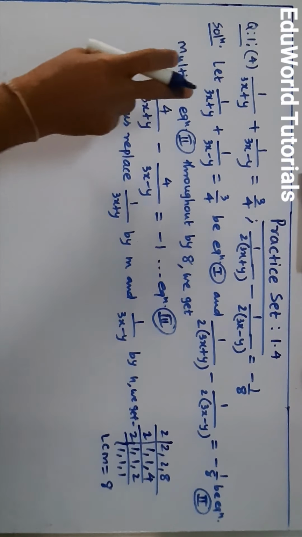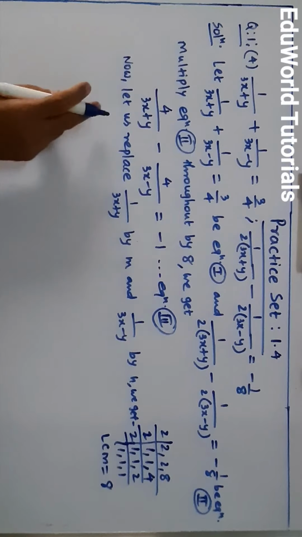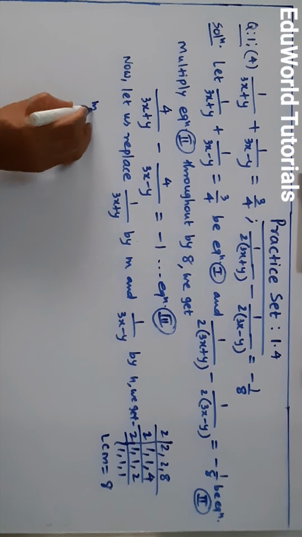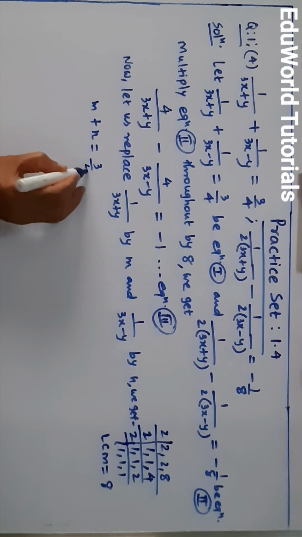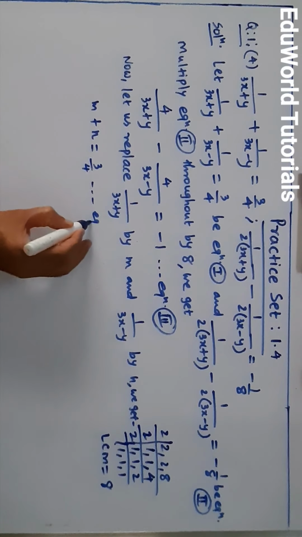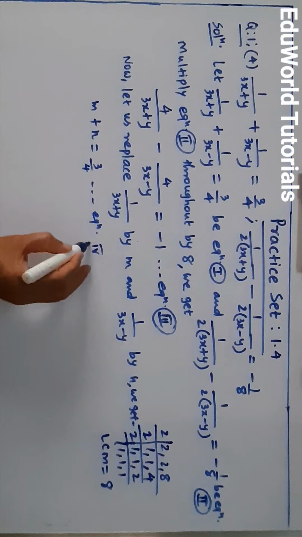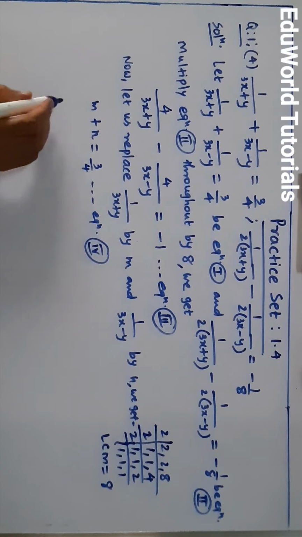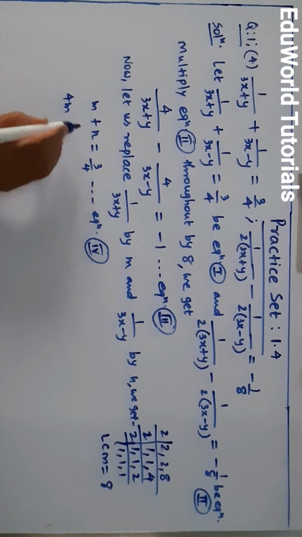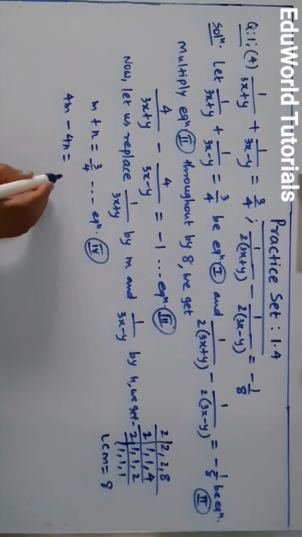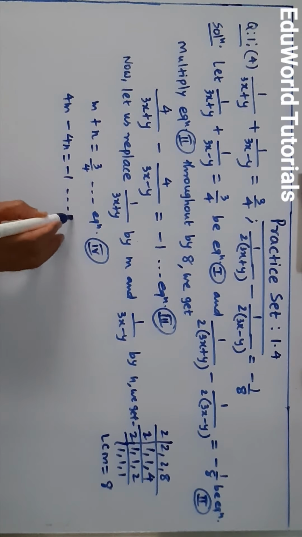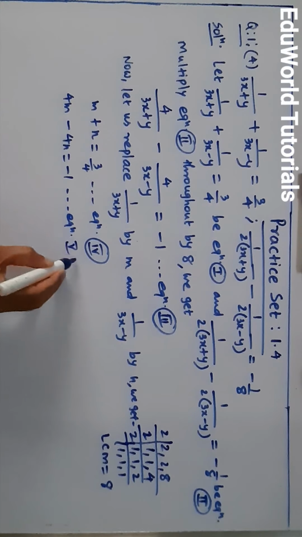I will get the first equation as m plus n is equal to 3 upon 4. This is the new equation number 4. And here I will get 4m minus 4n is equal to minus 1. This is the new equation number 5.